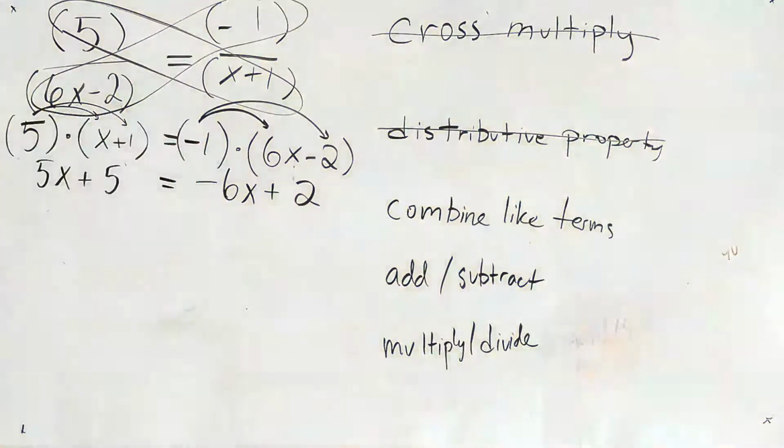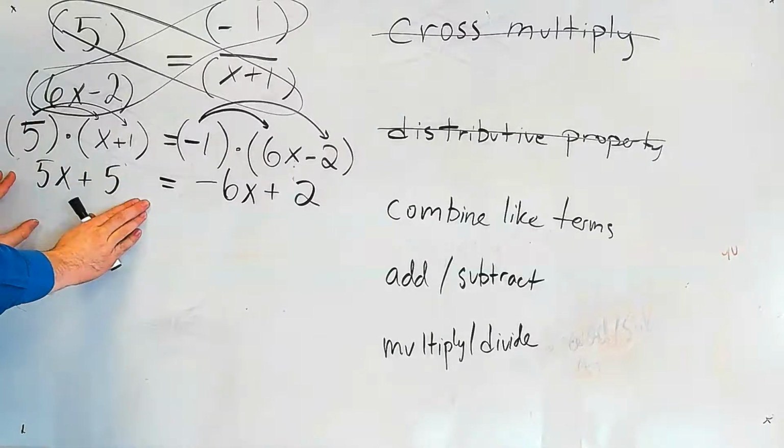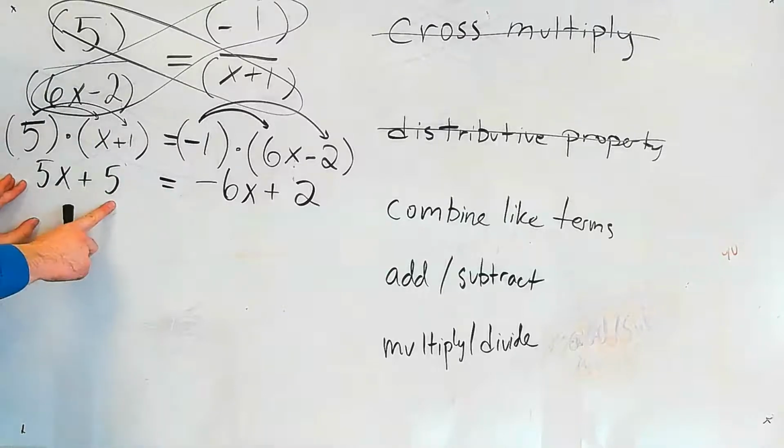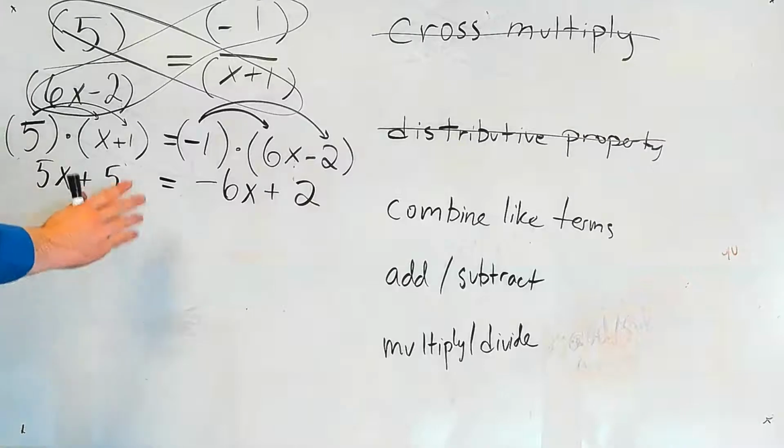We're going to move on to combining like terms. When you want to see if you can combine like terms or not, you ask yourself this question. Do I have apples and oranges on this side of the equal sign? I have an x and I have a number. So these are apples and oranges. We cannot combine them. How about on this side?